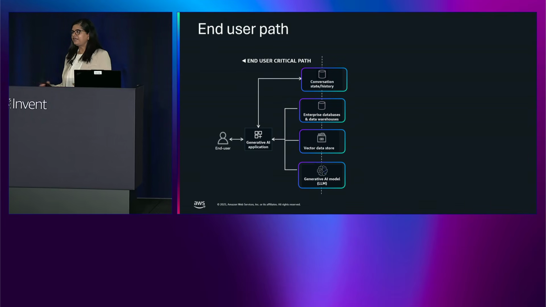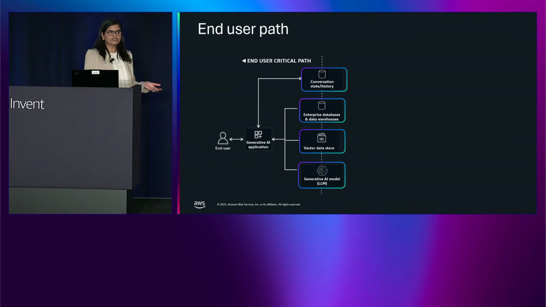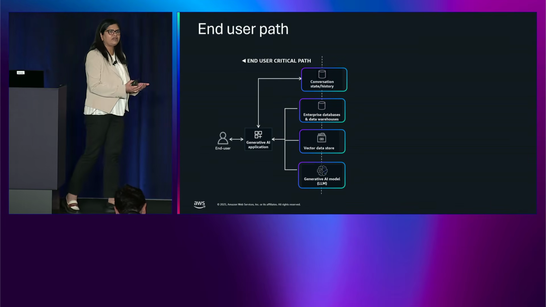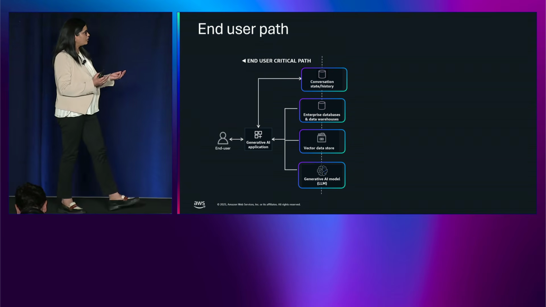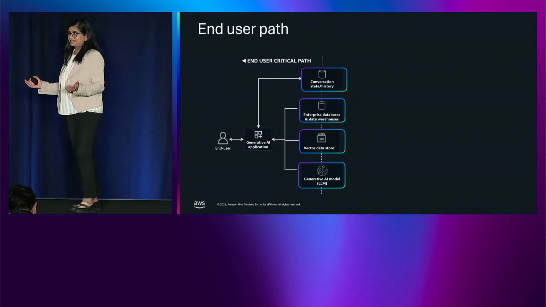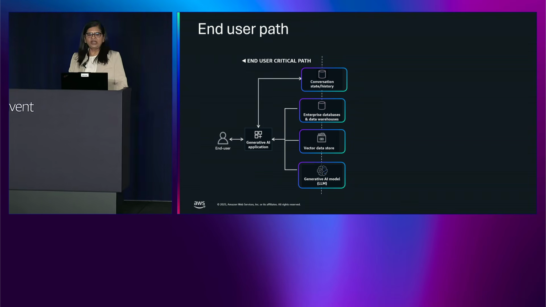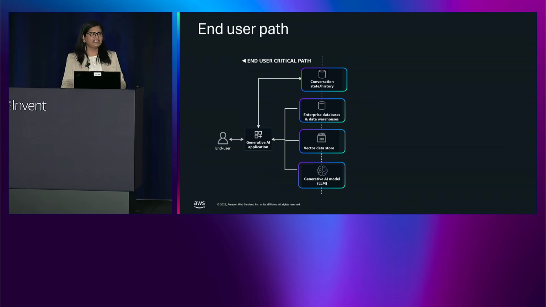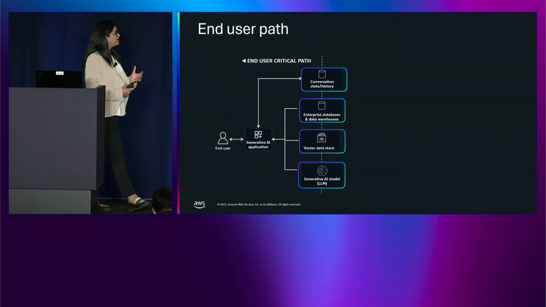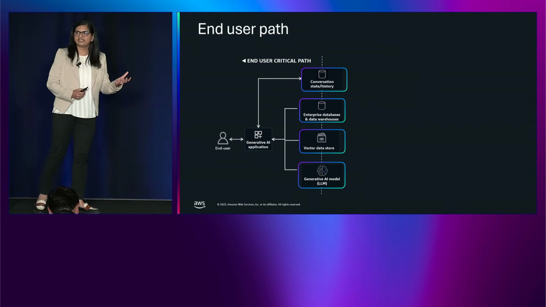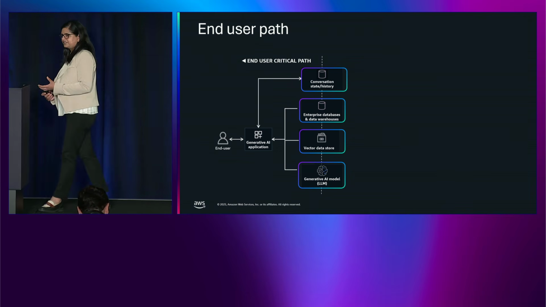It could be one template, it could be multiple templates, and those templates refer to your Q&A, or whether it is a code completion task, or whether it is a summarization ask, so on and so forth. Once it's done that, it loads all the conversation history if the user had been already engaged with the Gen AI app on this topic.